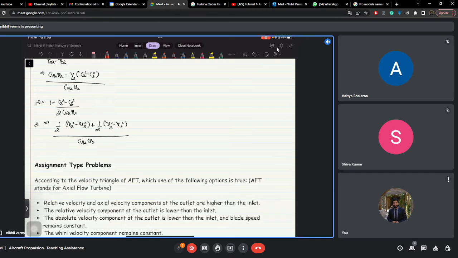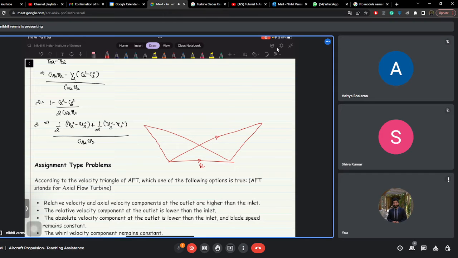Which of the following is true? Let us make the velocity diagram for this, and let us try to answer these questions. This is your coupled velocity triangle for an axial flow turbine.